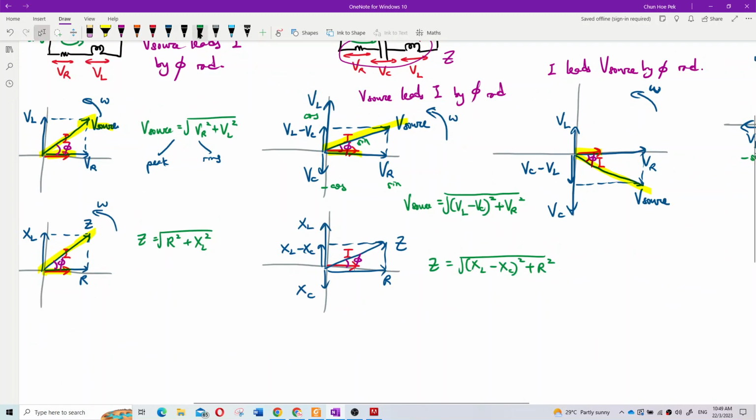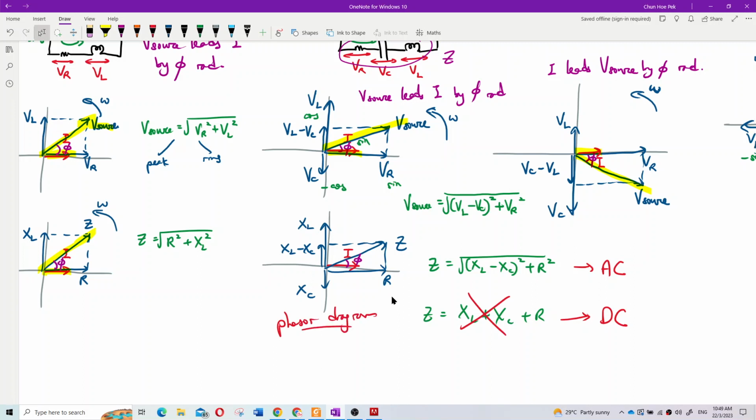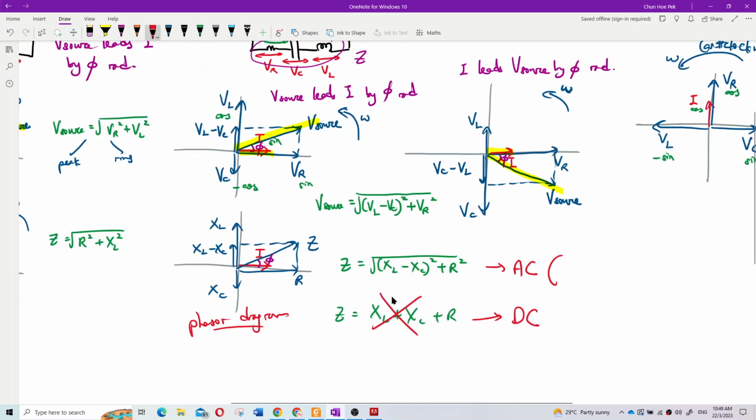So you cannot say Z equals XL plus XC plus R. No, this is for DC only. If AC, you need to do the phasor diagram. This is what we call the phasor diagram. Because why?